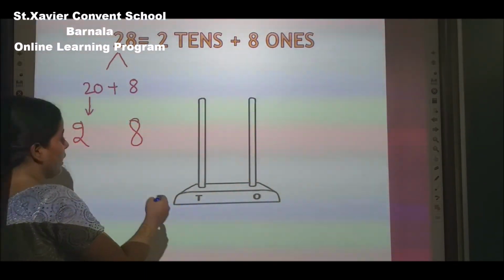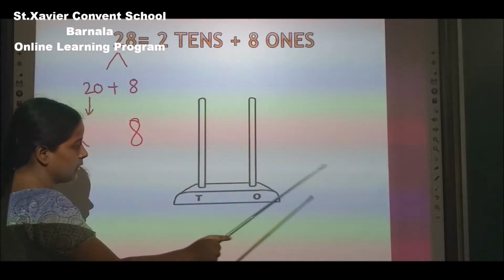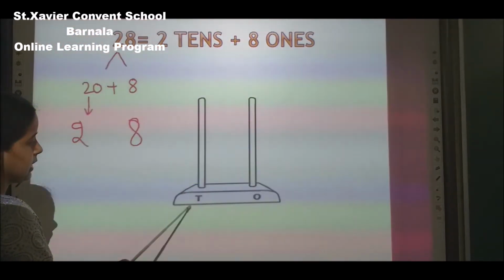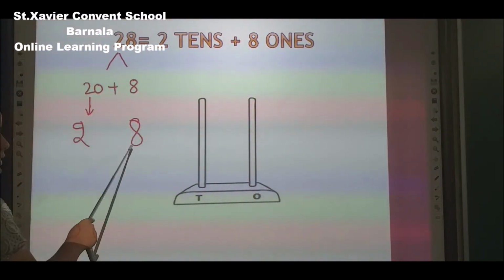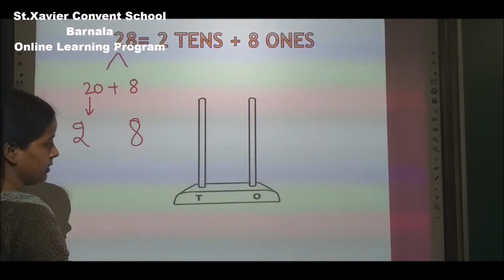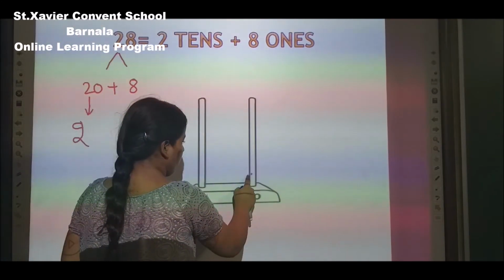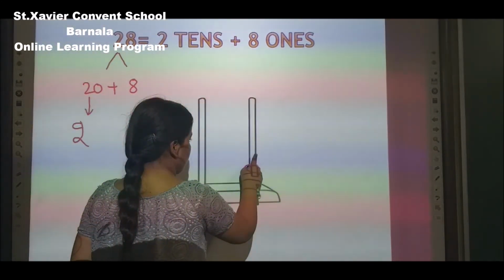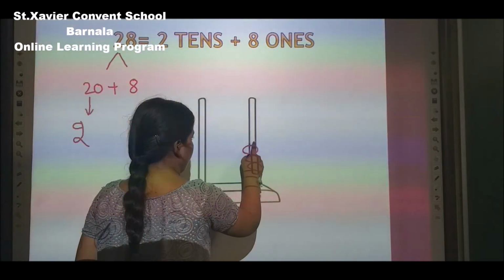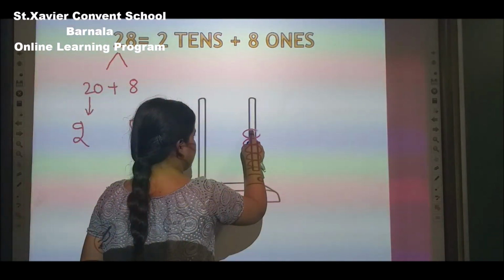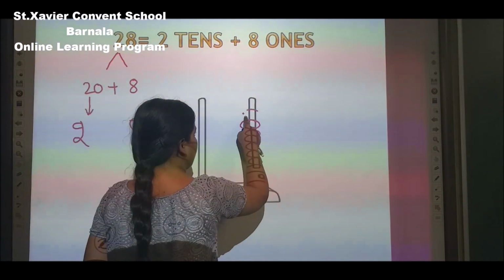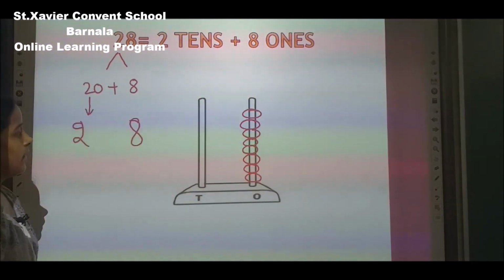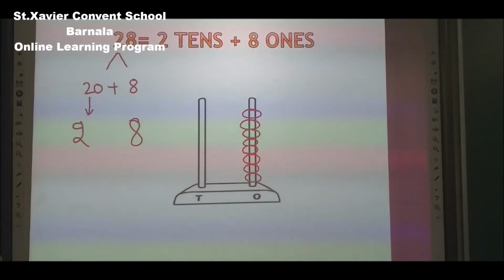So this is the ones place, this is the tens place. 8 beads are at the ones place. 1, 2, 3, 4, 5, 6, 7, 8. 8 beads at the ones place.